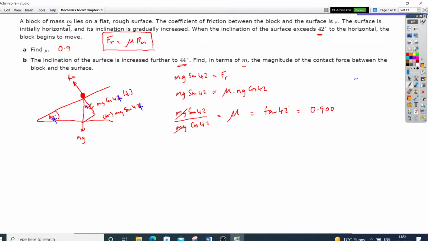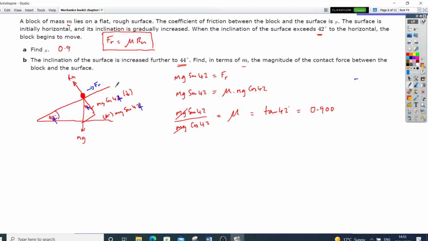That's coming down, the angle is steeper, and what will be opposing it will be friction. In terms of m, we need the magnitude of the contact force between the block and the surface.